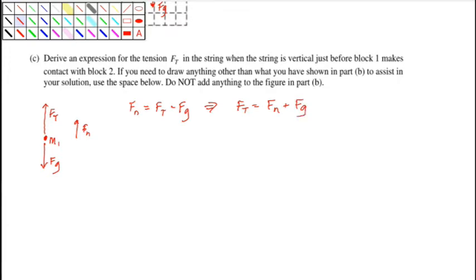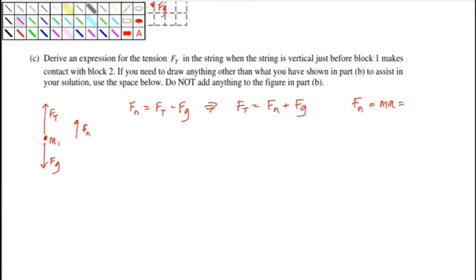Now we can start substituting some stuff in here. We know that Fn, the net force upward, is going to be m times the acceleration.